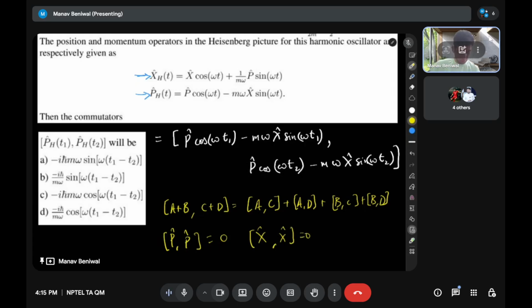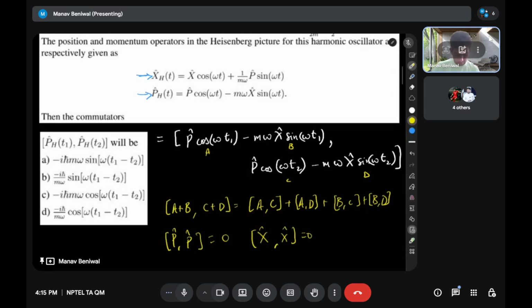So for example, let me write a, b, c, d. Clearly the commutator of a and c will go to 0, so this term will go to 0. Similarly, the commutator of b and d will go to 0, so this term will also be 0. We'll only have the cross terms.